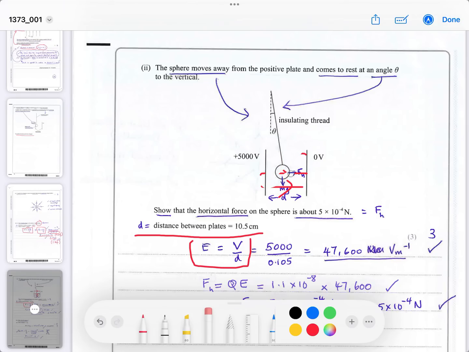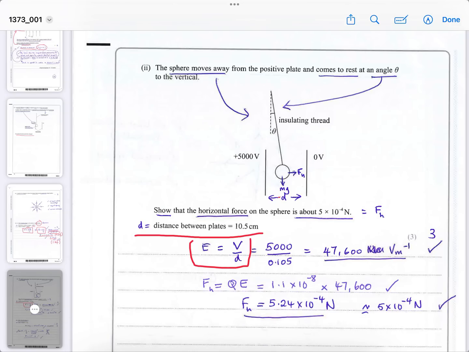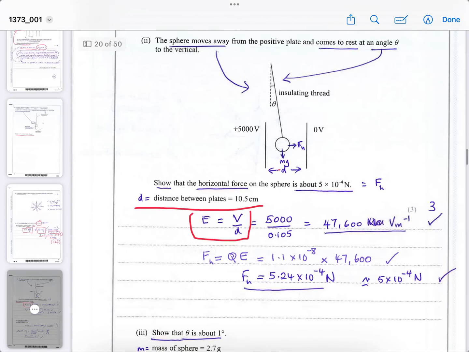I'm going to rub them out so they don't get in the way of my diagram. So the field strength will be equal to 5,000 divided by the distance between the plates, which is 10.5 centimeters. That gives you, to 3 significant figures, a value of 47,600 volts per meter, which is the field strength in volts per meter, because you can also have it in newtons per coulomb.